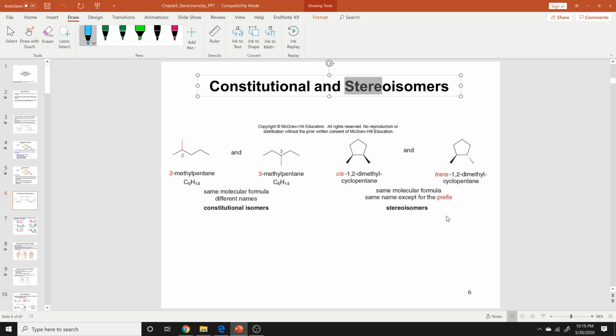The cis and the trans have the same molecular formula, but the orientation of the molecule in space differs. Here, the two substituents are on the same side, so this is why we call them cis. Here, the two substituents are on opposite sides, we call them trans.